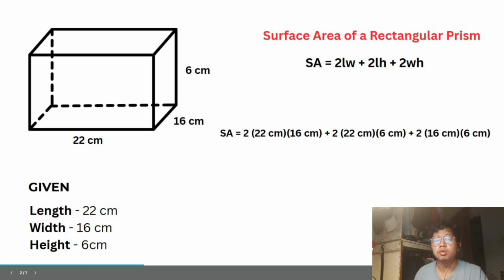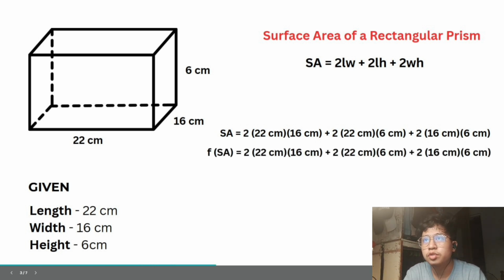Now, as you know, we'll be applying functional notation in our solving, so it should be read as this. Function of surface area equals 2 multiplied by 22 centimeters multiplied by 16 centimeters plus 2 multiplied by 22 centimeters multiplied by 6 centimeters plus 2 multiplied by 16 centimeters multiplied by 6 centimeters. As for how this is a function, I'll be explaining this later on once we finish.